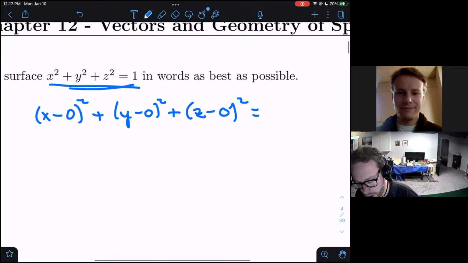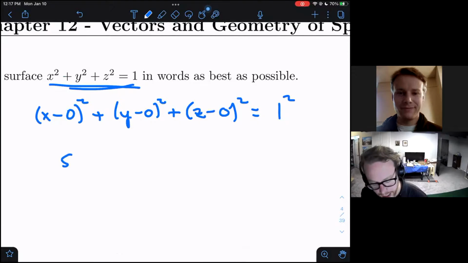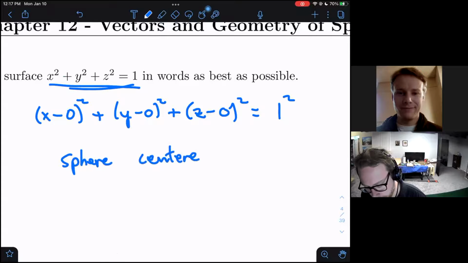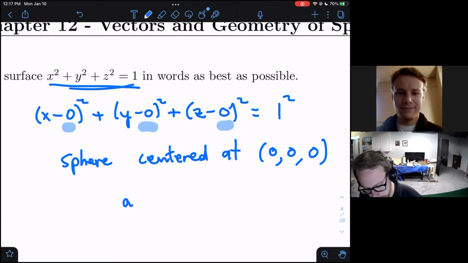And you could notice that 1 is, of course, the same thing as 1 squared. And so this will be a sphere centered at 0, 0, 0, that's my h, my k, my l, and it has a radius equal to 1.